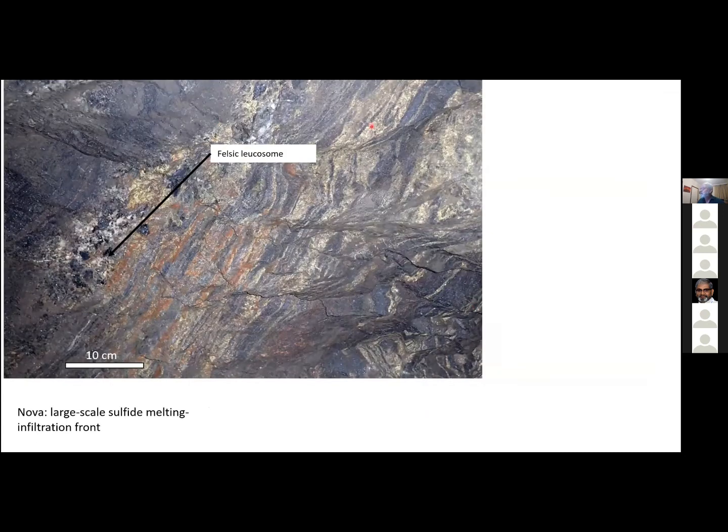And these extend several tens of meters away from the host intrusion. This is a beautiful example of where the sulfide is actually penetrating right along the gneiss. What it's doing is actually melting out the lower melting layers. And then that anatectic partial melt, that sort of migmatitic melt, actually flows back up the sides of these zones and forms these felsic leucosomes, which are sort of sharing the space with the migrating sulfide.